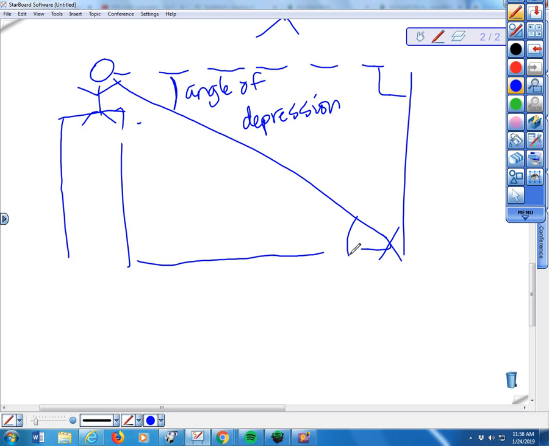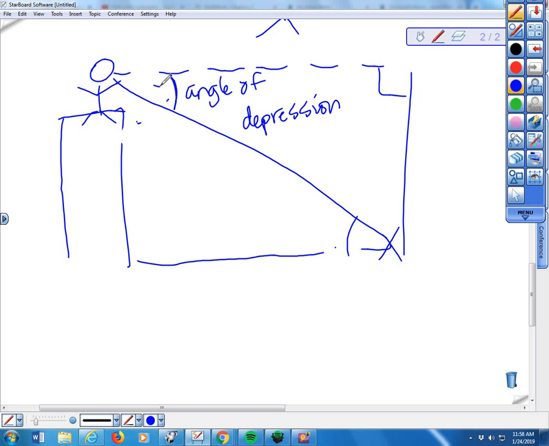Well, because it's measured to a horizontal, those are parallel. So the angle of depression, the person looking down at me, is equal to the angle of elevation someone looking up at me would be because of alternate interior angles. Everybody see that? Okay, so whatever my angle of depression up here is my friend's angle of elevation down here. Okay, so it's never this angle, it's always this angle.